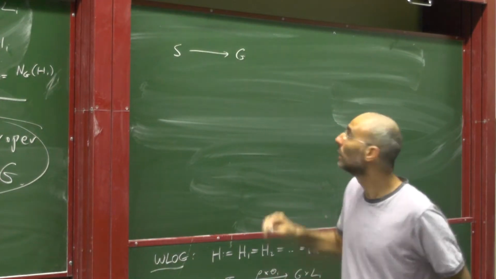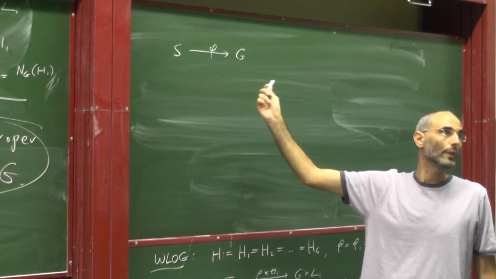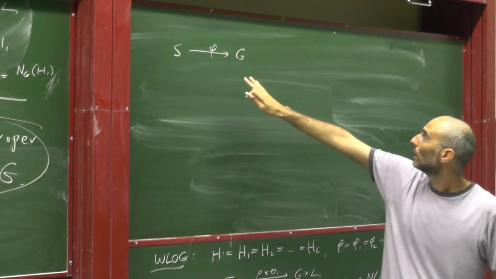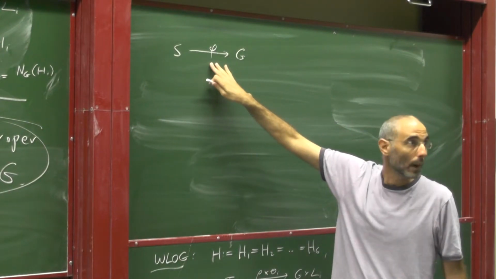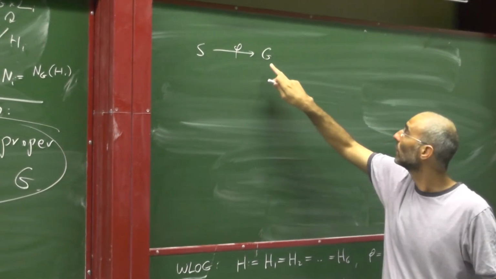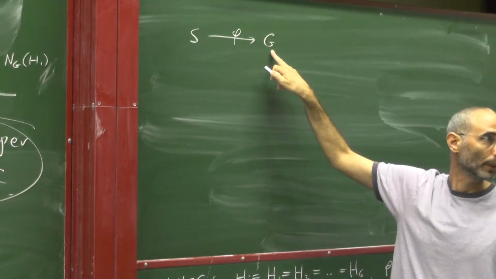It goes to G. This is the map phi. It's not a homomorphism of groups. If it was a homomorphism of groups already, I would be happier. This is just a Borel map from this measured space to that Borel space. But it has a lot of equivariance properties.